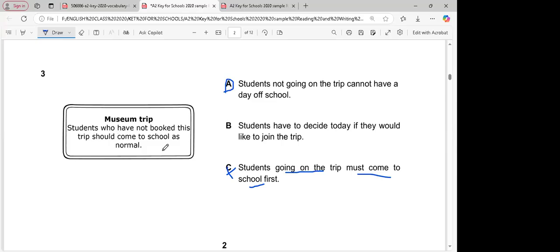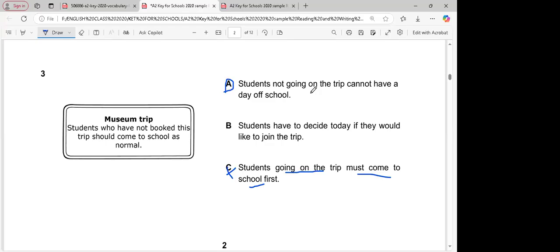Students who have not booked this trip should come to school as normal. What do you mean by that? Students not going on the trip, who have not booked the trip, should come to school as normal, so they cannot have a day off school. You got it? Yes, teacher. So same idea, but different words are used.